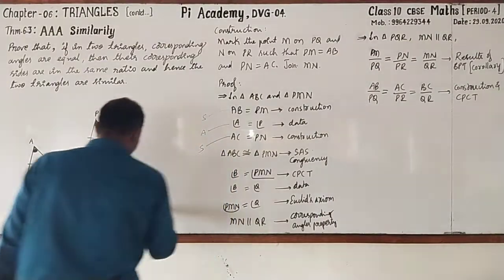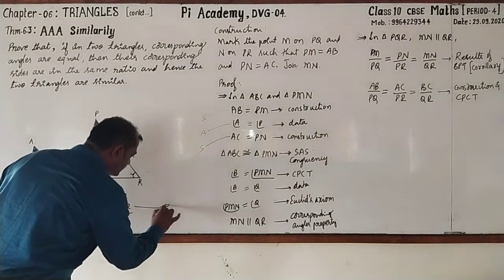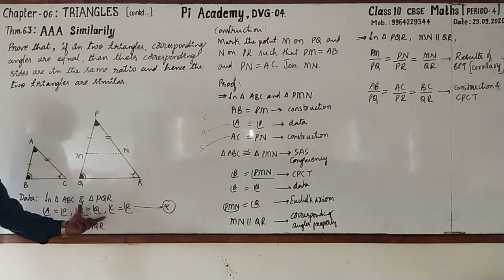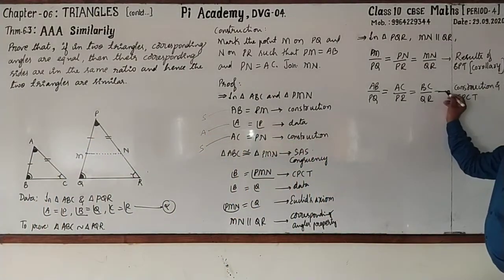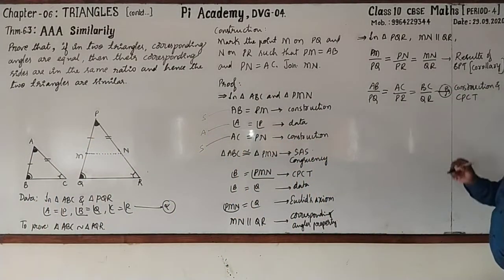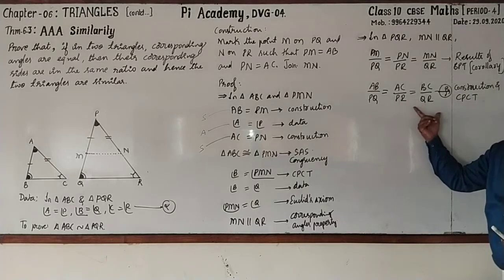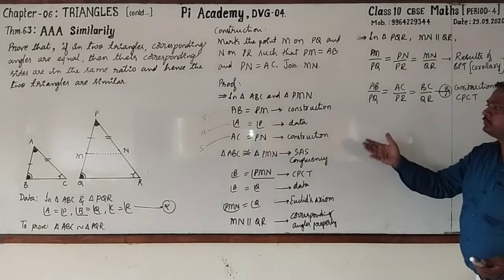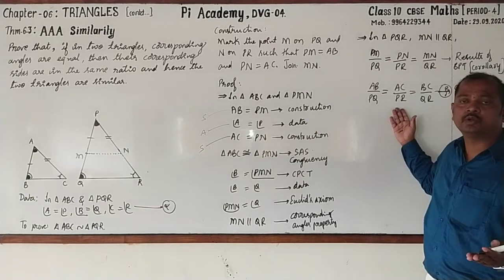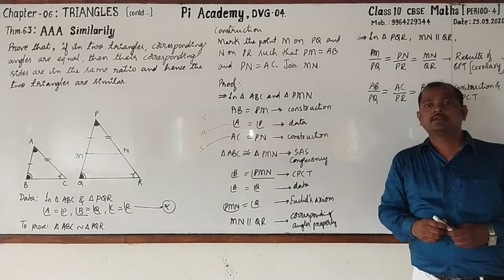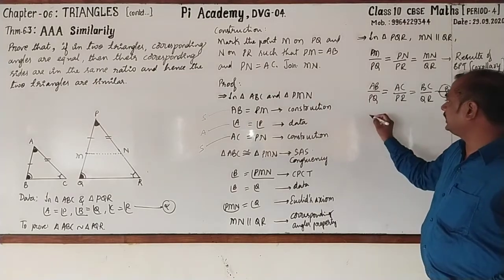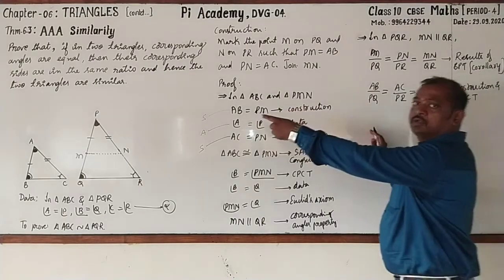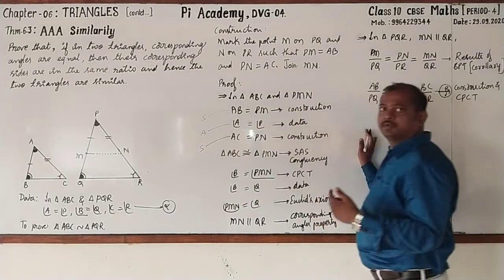Observe. I take this statement as alpha. That means corresponding angles are equal. Then this statement as beta. Corresponding sides are in the same ratio. If these two conditions hold good, what do you say about the triangles? Very good. The triangles are similar. Then can we write triangle ABC is similar to PQR?